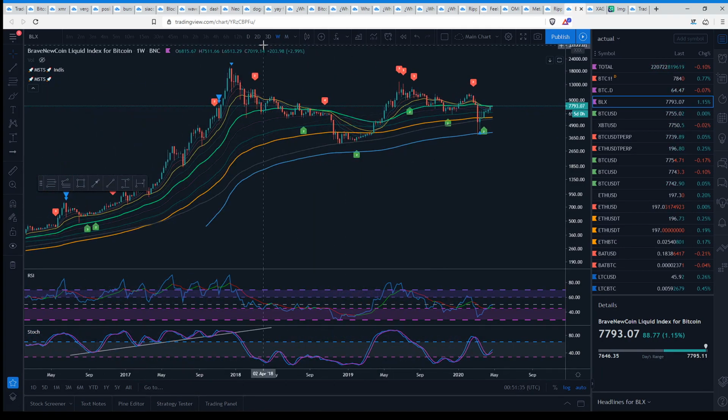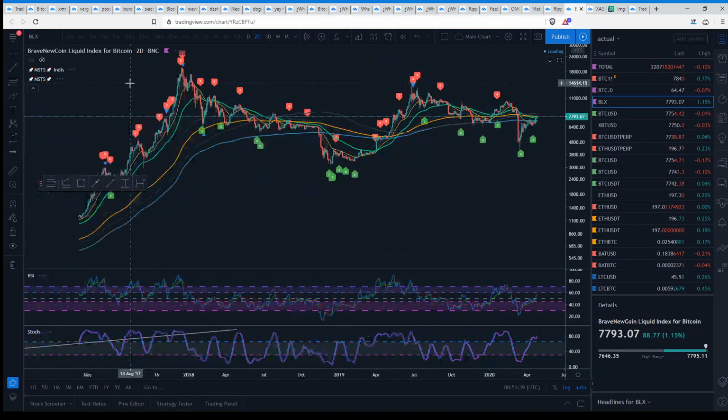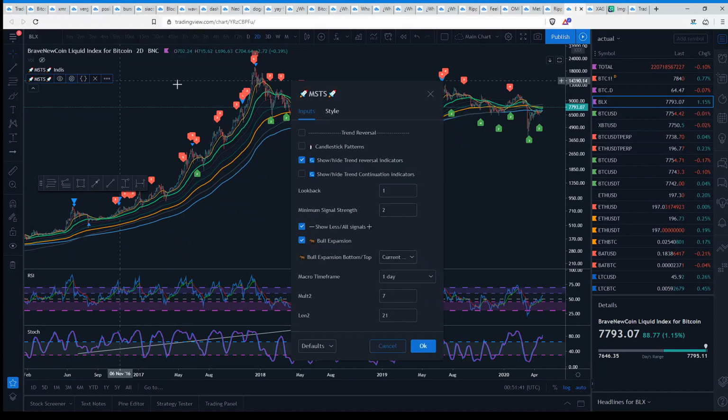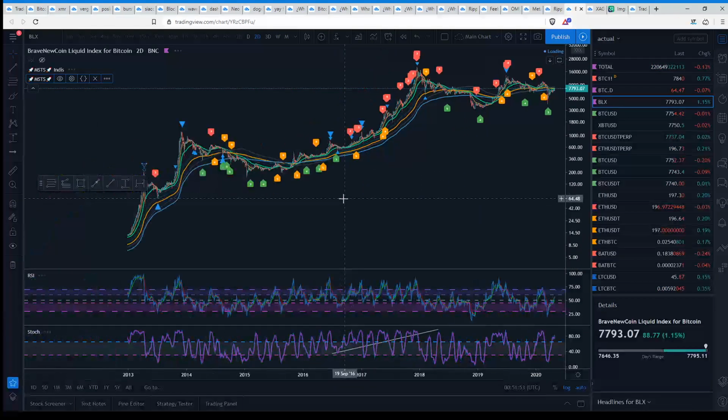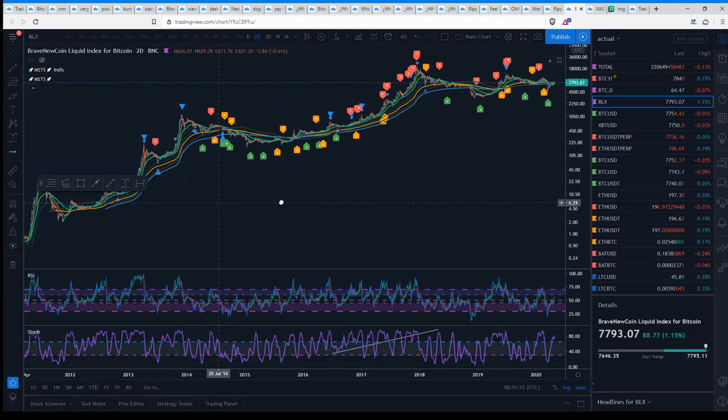Let's go to smaller time frames, because the weekly is still pretty stretched for this algorithm. Let's see, what can I use here? Maybe 1 and 3. Let's see if we can see everything important.